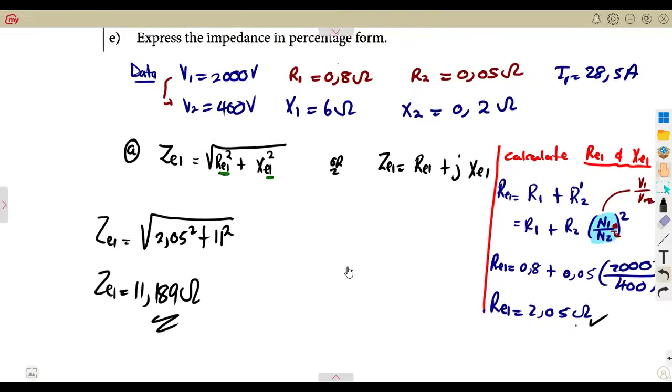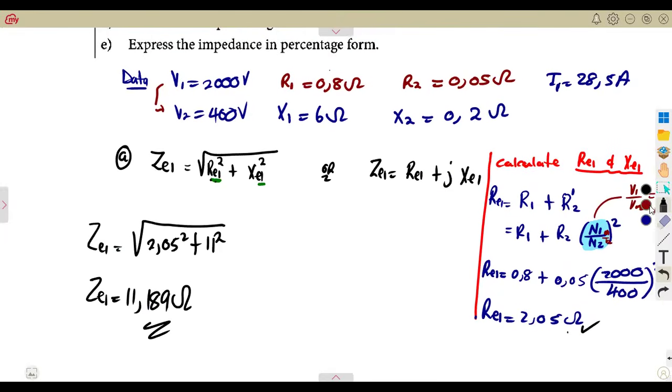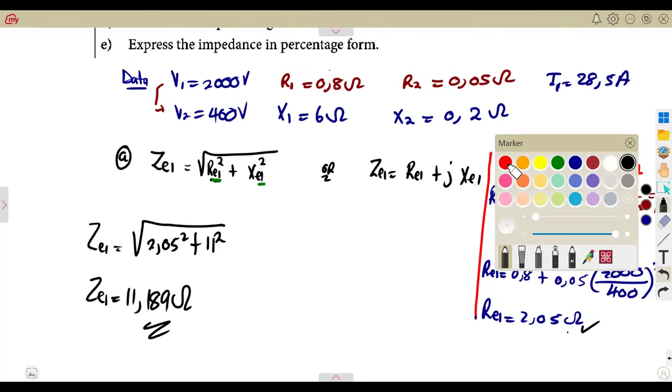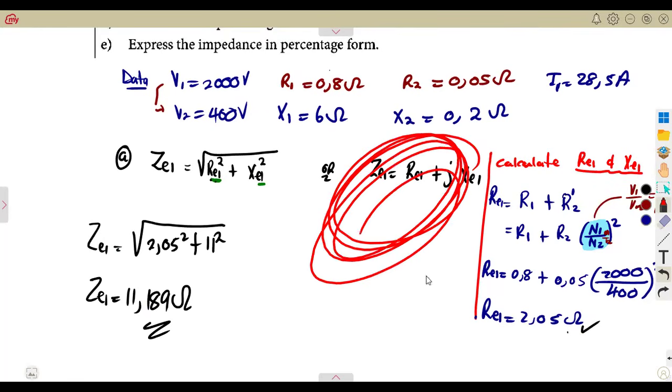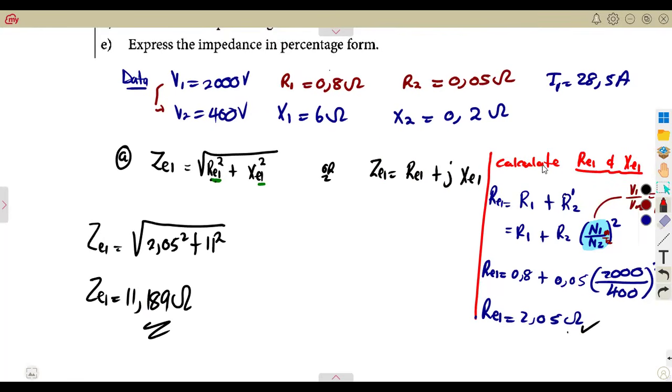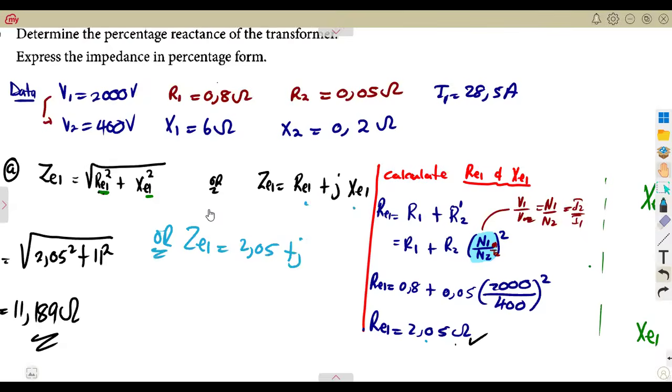But this could have been written considering our complex numbers, the J notation. We could have written this as RE plus J XE1, where RE is 2.05 plus J times XE1, which is the 11 that we got.